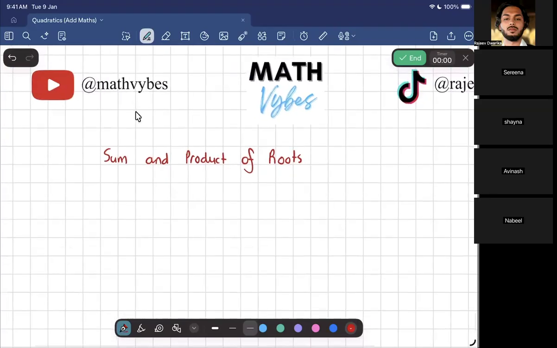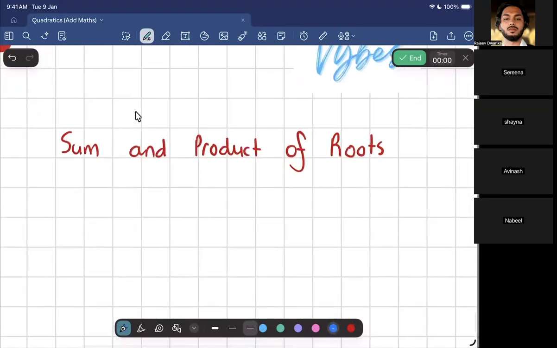You're not going to learn this in school, but the proper name for this is Vieta's theorem or Vieta's formulas. If you want to flex on the teacher, because most likely a teacher wouldn't know about this, you could ask them. When I was in secondary school and I asked my teacher about this, he didn't know what it was. But it's the same thing he was teaching. So Vieta's formulas, that's the proper name for it.